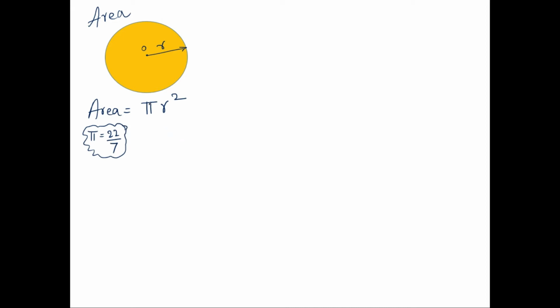On your calculator, you can directly type the constant pi. As you already know, pi is a Greek letter and it is irrational. And from the formula, we can make out the unit. It's r squared. So if r is in centimeters, then centimeters squared is the unit of area.